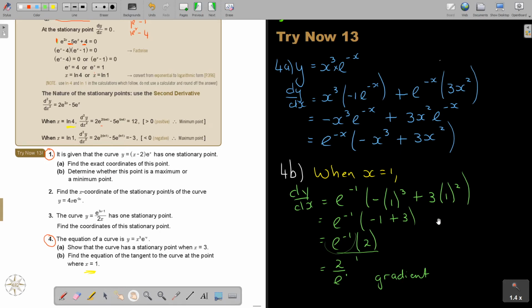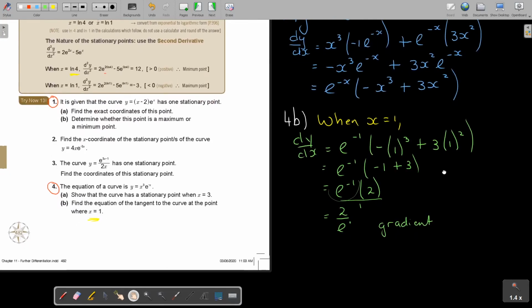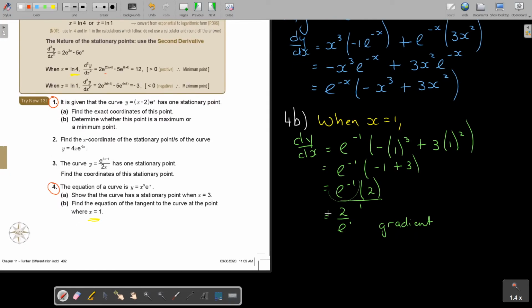That's the gradient, but if I want to see where x is equal to 1, what is the value of y? So substitute when x is equal to 1 and find the y coordinate.